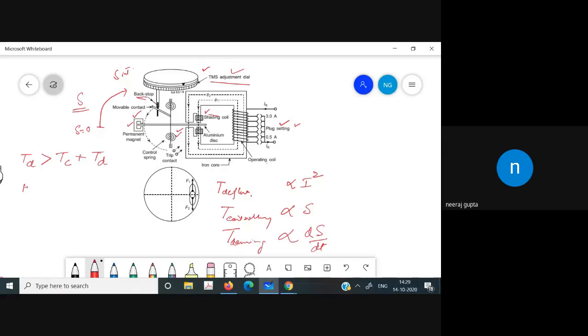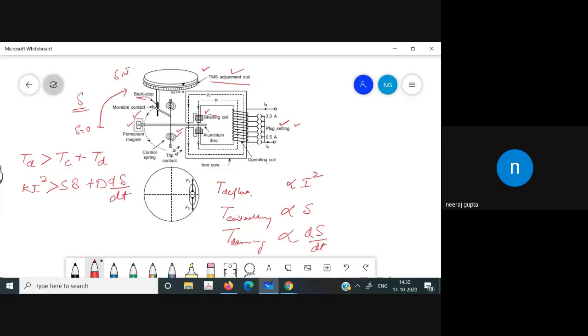So we can use K I square, which is greater than the controlling torque. The controlling torque is proportional to delta, so let us suppose we use some constant S: S delta. For the damping torque, let us suppose we use D as a constant, and it is proportional to d delta by dt.